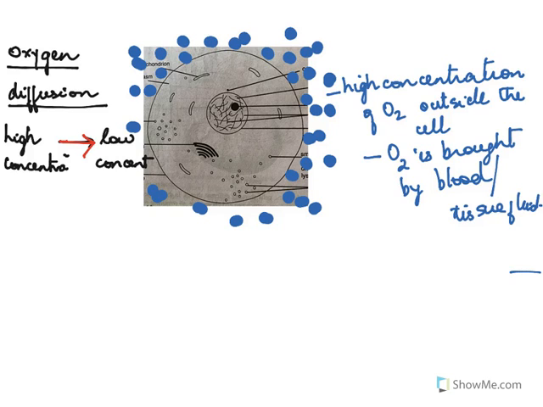However, inside the cell there is a low concentration because oxygen is being used up by the cell for many processes, especially respiration.